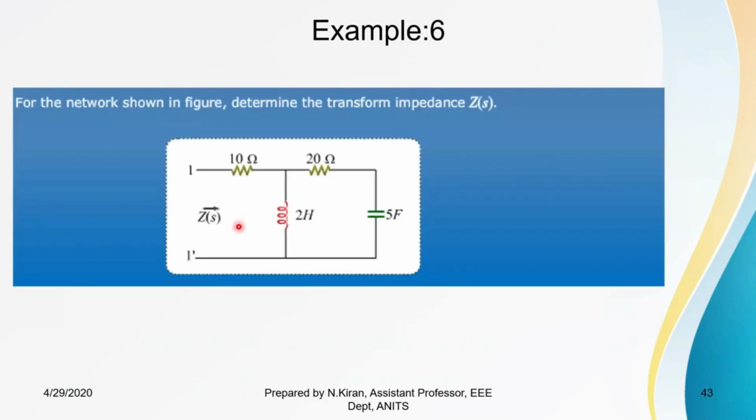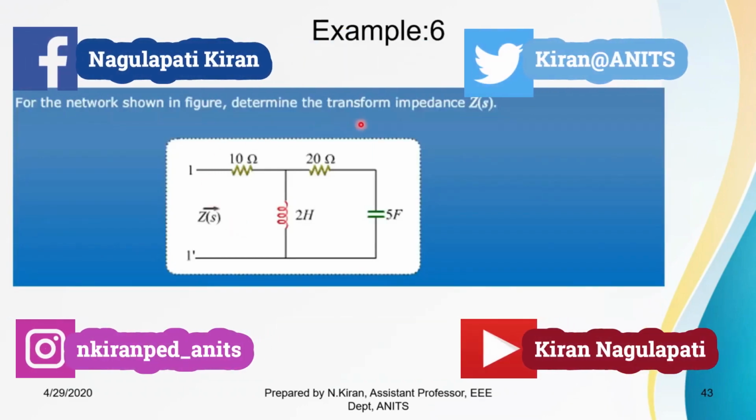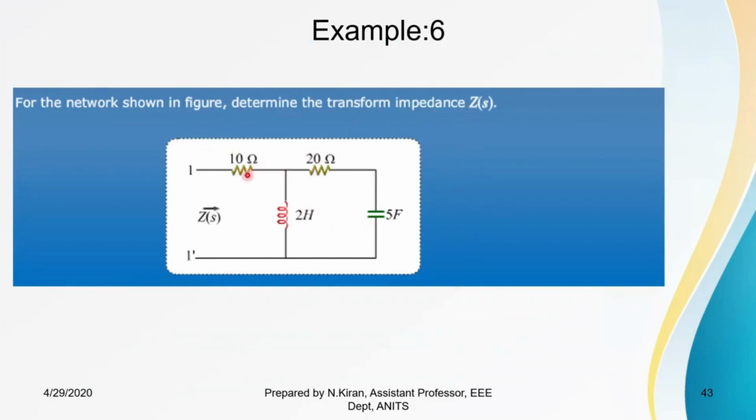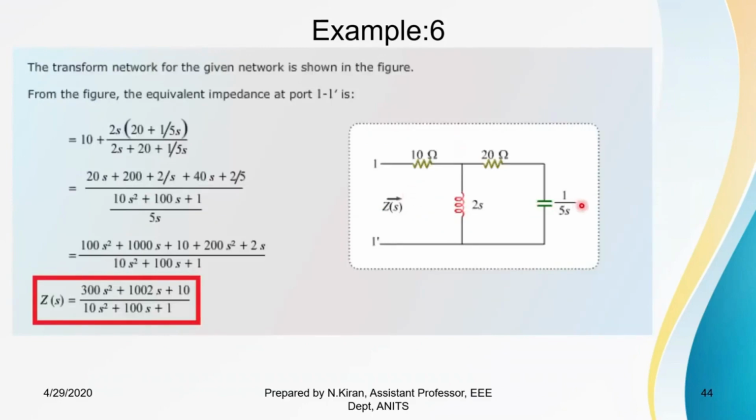Next, the sixth example: I have to find the transform impedance. First let us transform this into the Laplace domain. 10 ohms and 20 ohms remain the same. 2 Henry will become 2s, and 5 farads becomes 1 by 5s. These two are in series, 20 plus 1 by 5s, which will be in parallel with 2s.